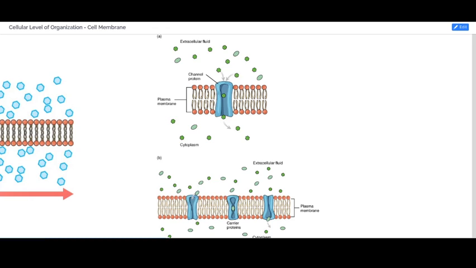And then, of course, the extracellular and intracellular edges are also going to be hydrophilic as they interact with the water solutions on the outside or inside of the cell. The carrier or transport proteins are going to be similar in how they interact with their molecules, just with the added feature that they can often change shape as they're physically moving something across the membrane.